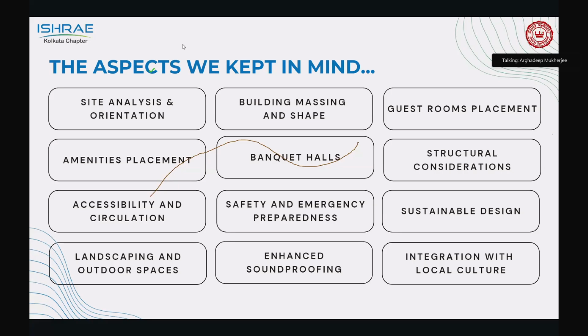So you have to think about a lot of different amenities that are required, and when you're designing, you have to think about so many things. So that is some brownie points to think about when you are designing something.